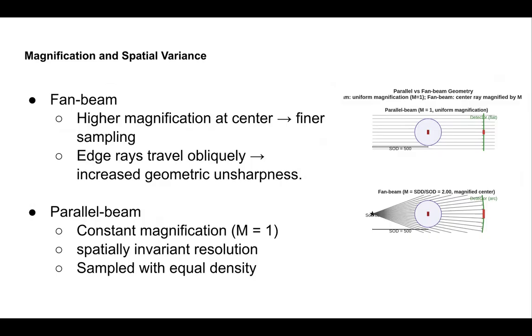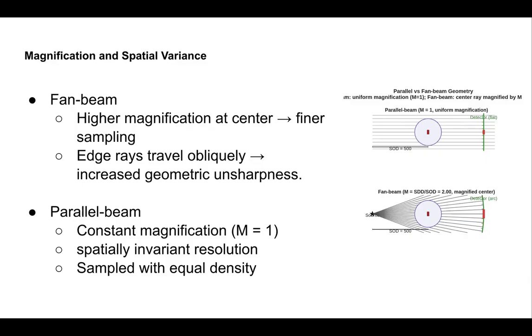In contrast, parallel beam CT uses constant magnification across the entire field. M is always equal to 1 in this case. This results in spatially uniform resolution with every point sampled at equal density. The diagrams show that fan beam magnifies the center while parallel beam keeps magnification and sampling the same everywhere.